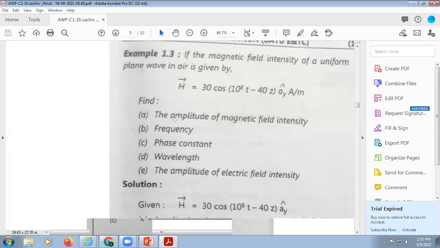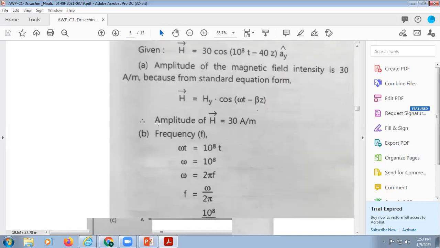So how can we simplify this? What is given? H is equal to 30 cos of (10 raised to power 8 t minus 40 z) ay. All of you know that the amplitude of magnetic field intensity is 30. How 30? Because if you compare with the standard form, H is equal to Hy cos of (omega t minus beta z).